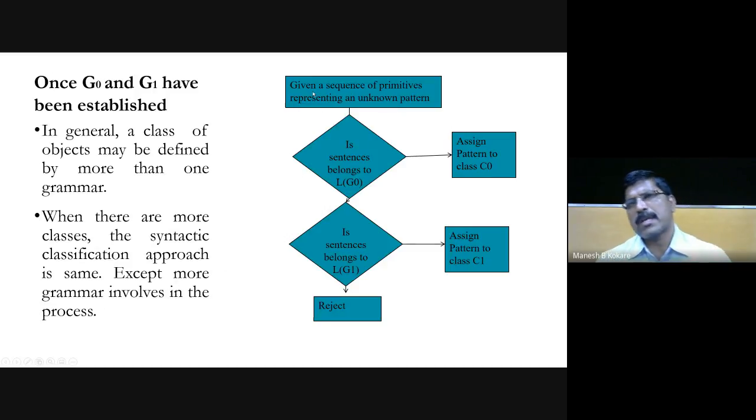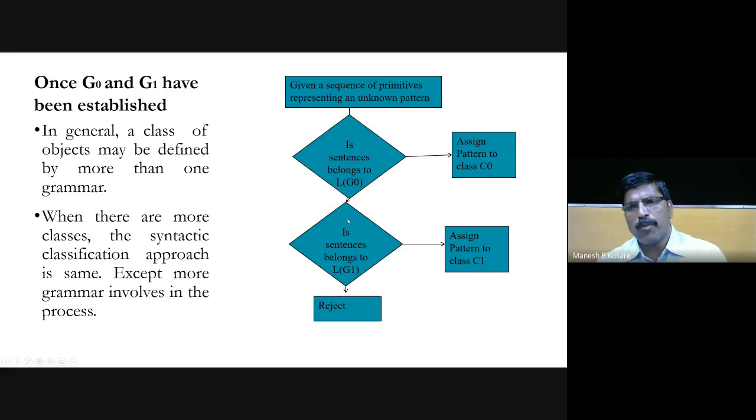Suppose, for example, we are given a sequence of primitives representing an unknown pattern. This is the query pattern. First we apply the grammar G0 and see whether we get the language of this unknown pattern as the language of G0. If yes, then that pattern will be assigned to class C0.